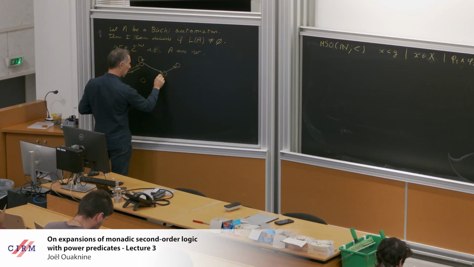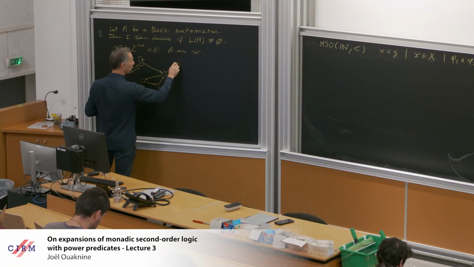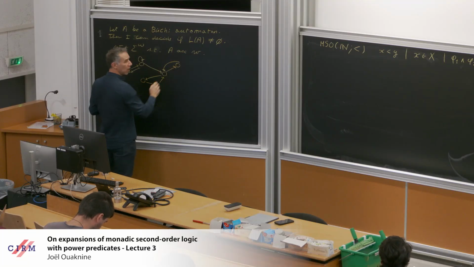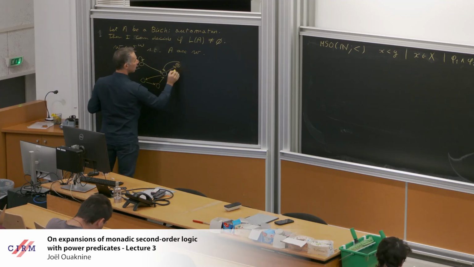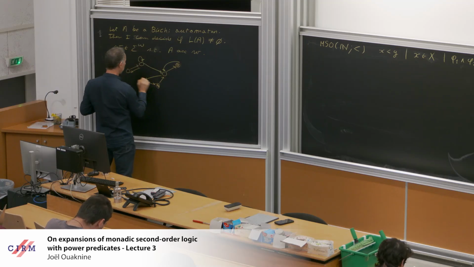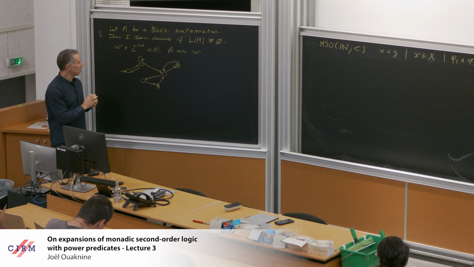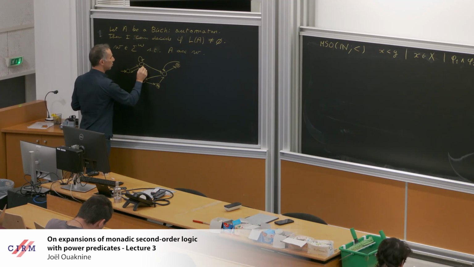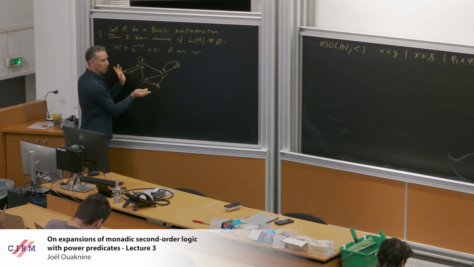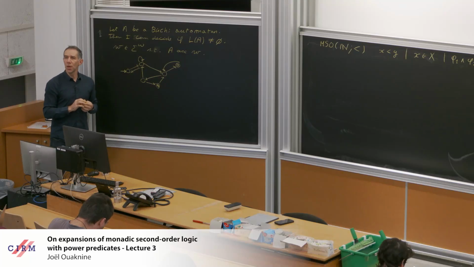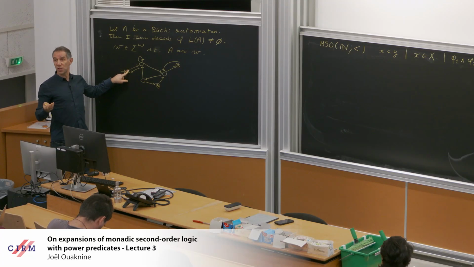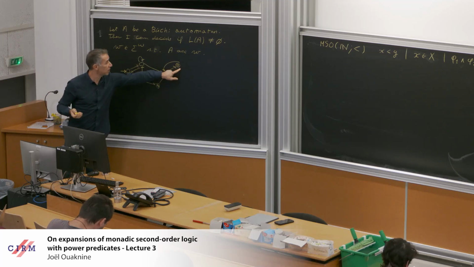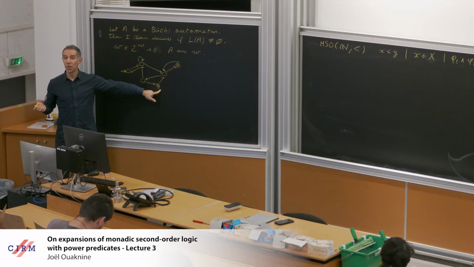Some states are accepting, and some states are not, and then I start somewhere. And it's non-deterministic, so maybe from here I can go there or there. So I need to decide whether there is an infinite path in this graph that visits one of these two states infinitely often. Okay, that's what I need to do, right?